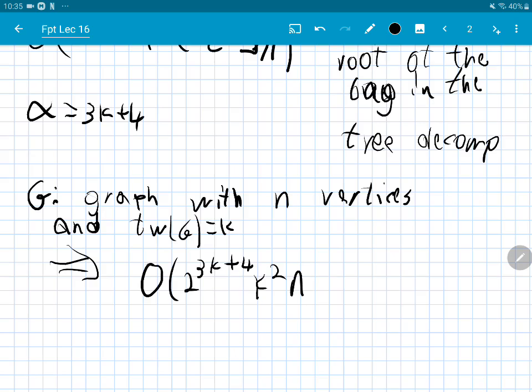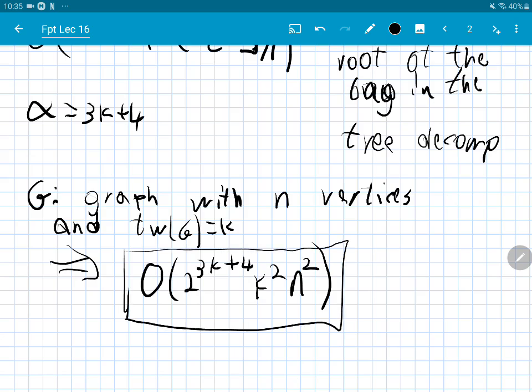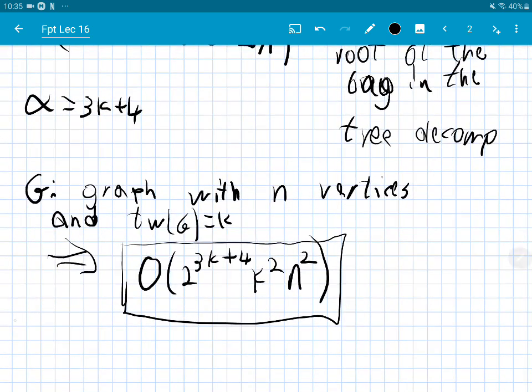But then we have to recurse, and the size of the tree is going to be n, so we have to do it n times. So we're going to get a running time like that, which is essentially what we promised, okay? The factor n squared can be improved, but we don't care about that here. Okay, so that's the algorithm.